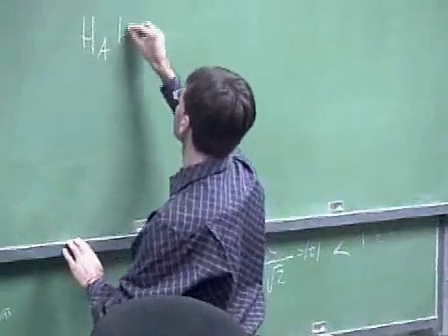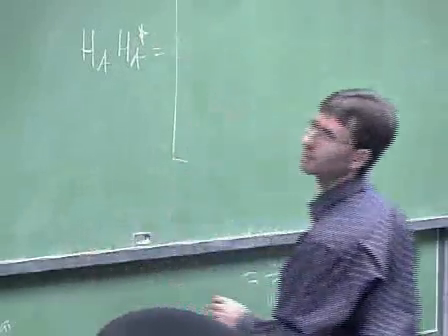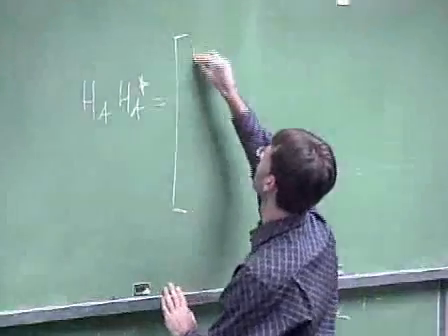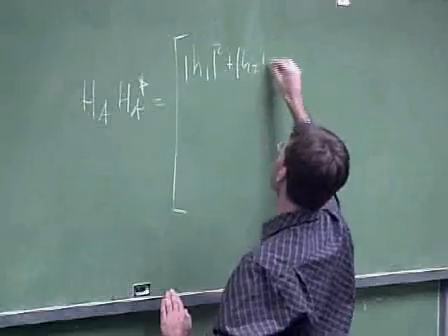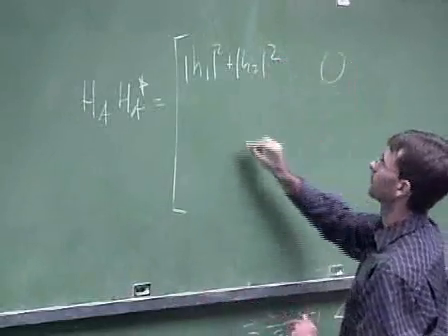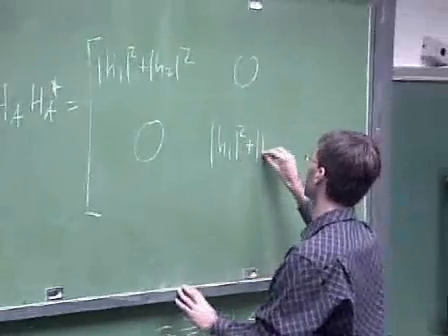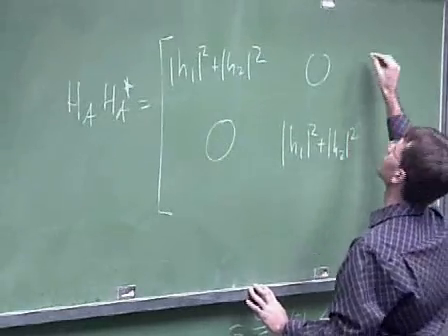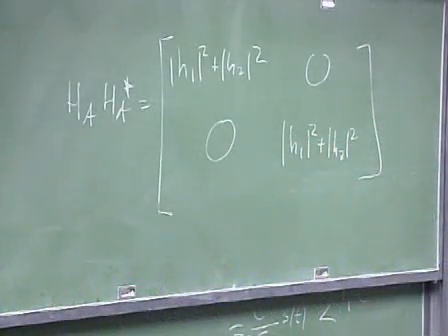So H Alamouti times H Alamouti transpose conjugate is equal to this: H1 magnitude square plus H2 magnitude square, 0, 0. Okay, so you can verify this easily, right? You multiply out this row by this row, and you get 0, and vice versa. So you can verify this on your own.